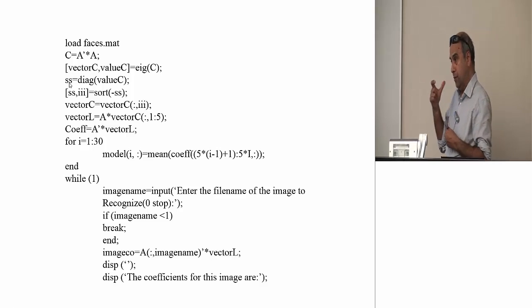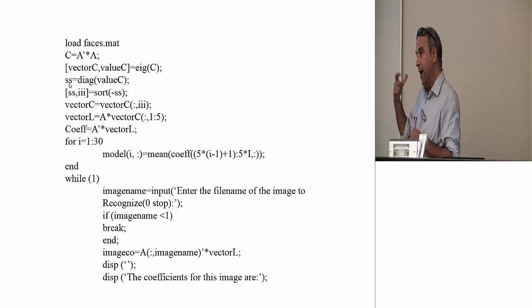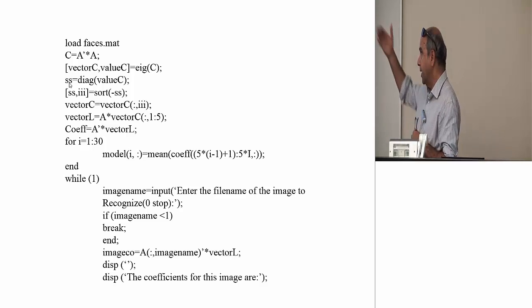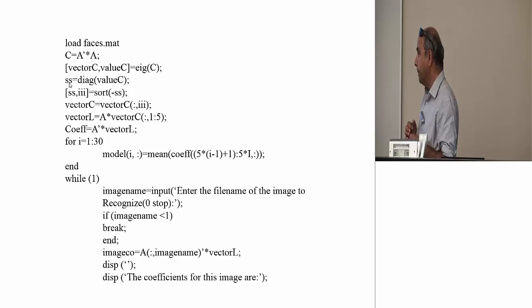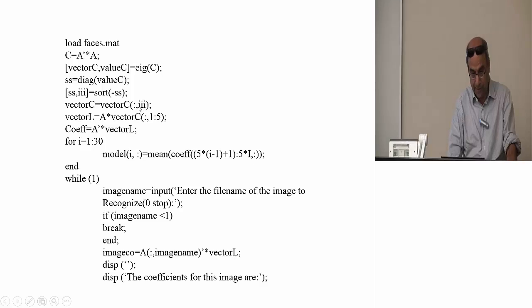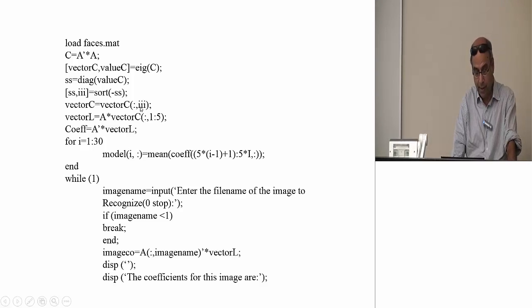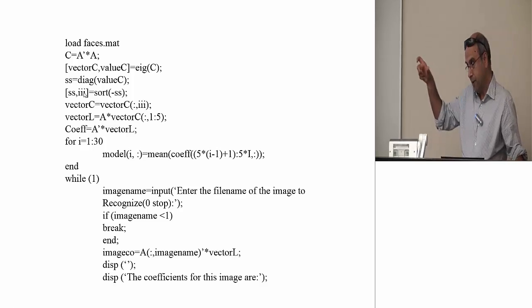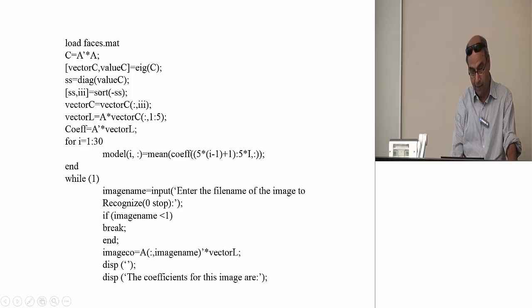Then we will sort those, whichever is highest. Again, you can use the sorting command in MATLAB, and that way you will get these sorted indices. Now corresponding to these indices, you will select the corresponding eigenvectors. So these were the eigenvalues. Because they are scalar, you can sort them, and then this will give you the sorted eigenvectors based on the sorted eigenvalues.